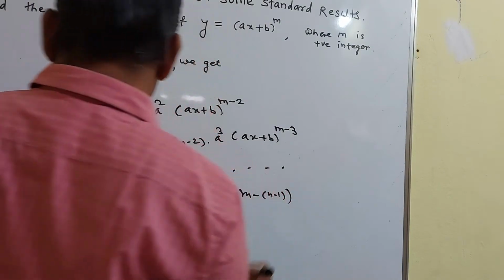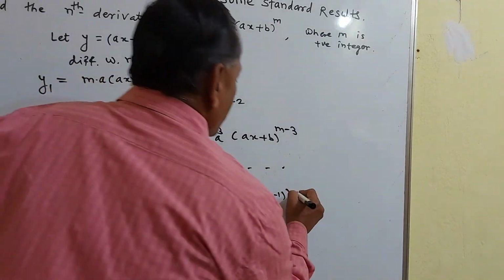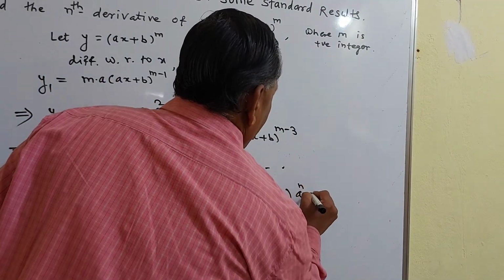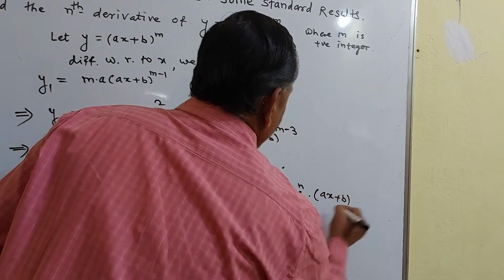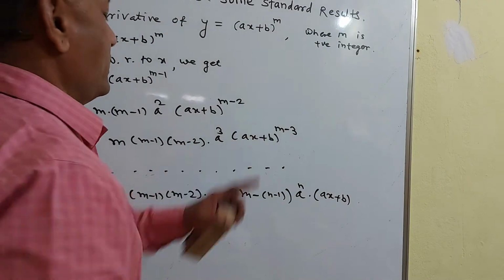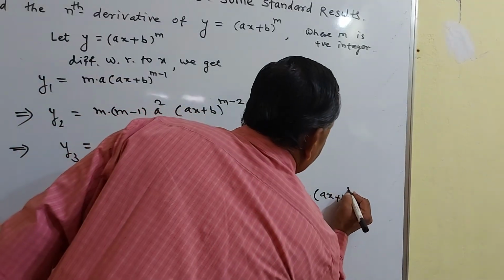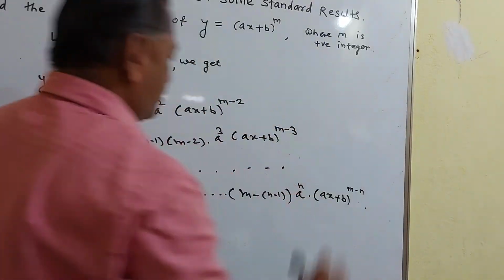In y3, a raised to 3 means here a raised to n, into (ax plus b) raised to m minus 3, here 3 means here n, so m minus n.